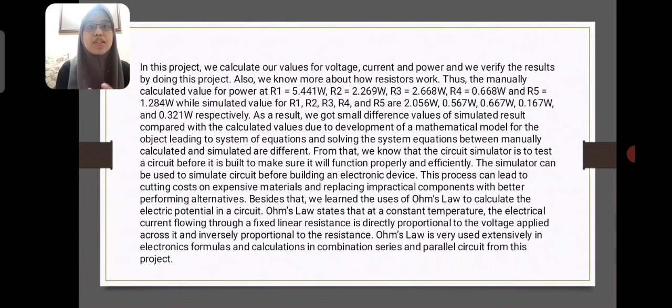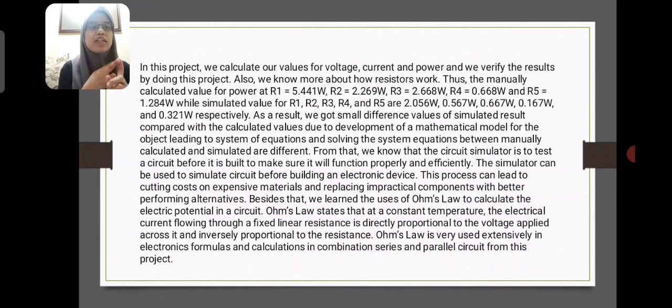From our project circuits, we know the benefits of using a simulator in electrical circuits. There are 3 benefits. The first benefit is that a simulator can test a circuit before it is built, to make sure it will function properly and efficiently.